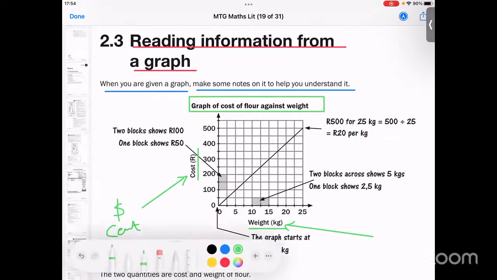I think from there, you need to realize that, looking at the x-axis, we have some units there, starting from 0, and then we have a 5, and in between there is something, and then we have a 10, and then we skip a line, 15, we skip, 20, we skip, 25.